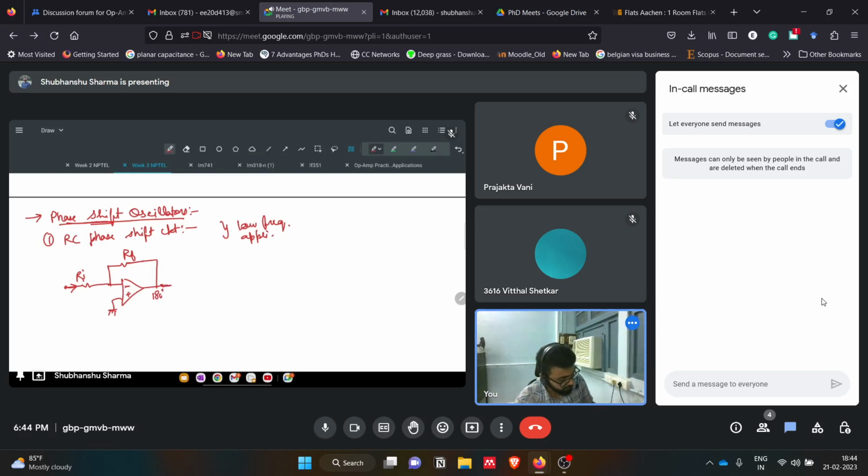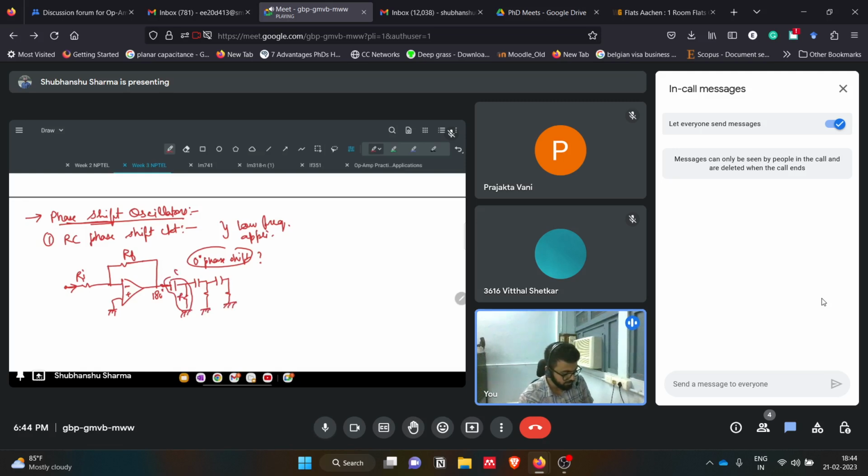But we need a 0-degree phase shift to meet the Barkhausen criteria. So how will we achieve this? We will achieve it by using CRC circuits. Normally each RC component can give a maximum of 90-degree phase shift.